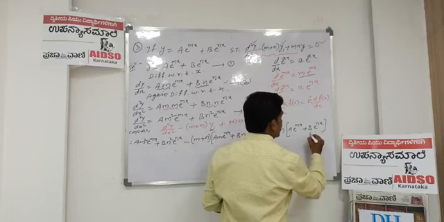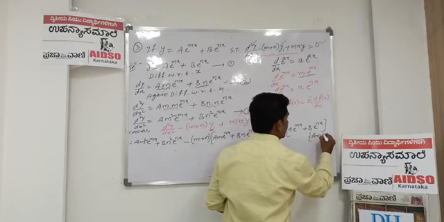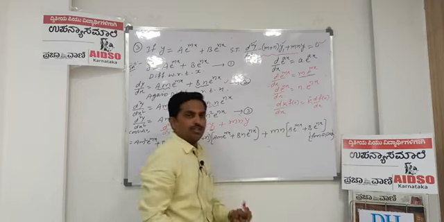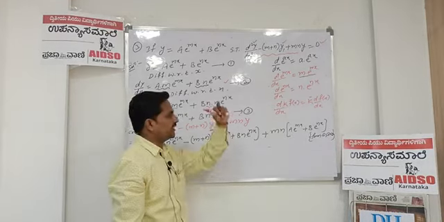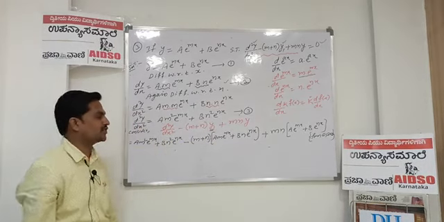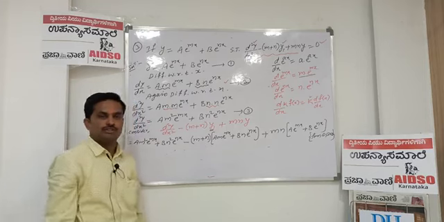We have substituted this from equations 1, 2 as well as 3. So the given condition itself is equation 1, dy by dx is equation 2, and d square y by dx square is equation 3. That result we have substituted.